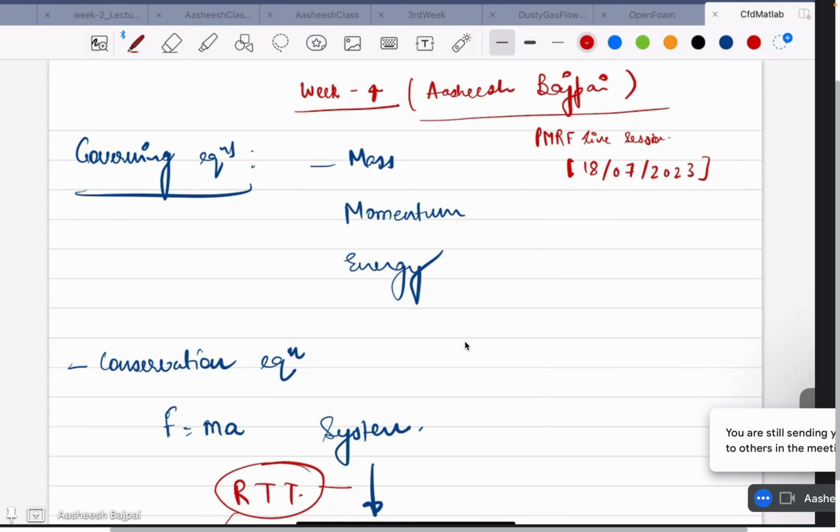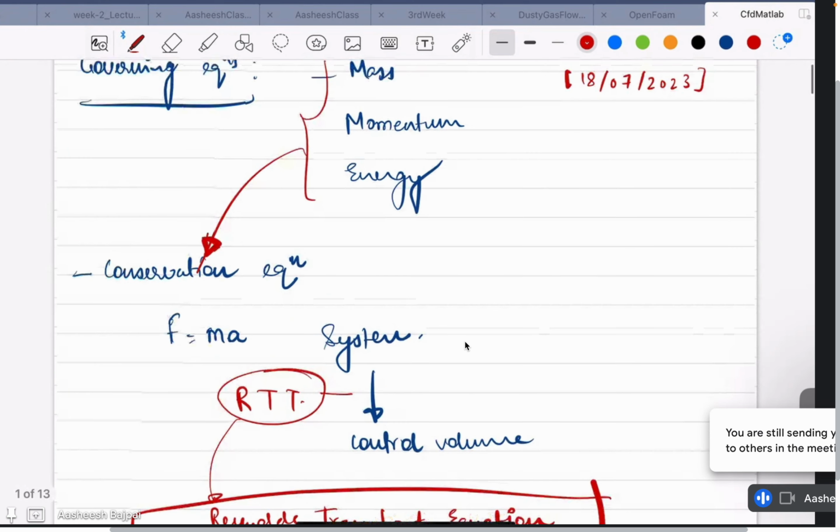These equations are basically called conservation equations because they show some type of conservation: mass cannot be created, cannot be destroyed, and likewise momentum conservation and energy conservation.